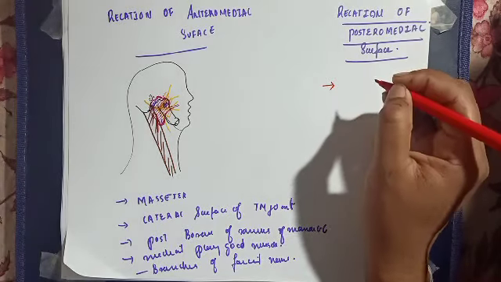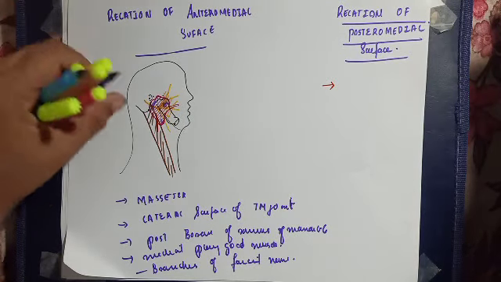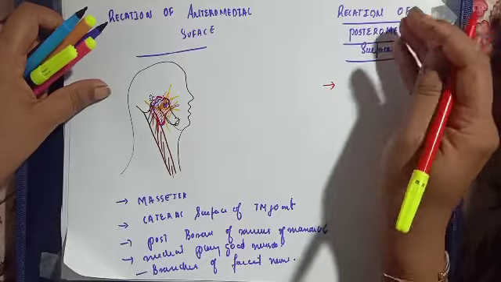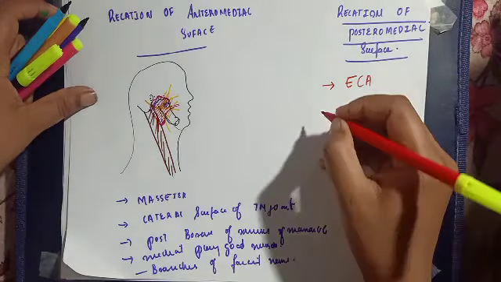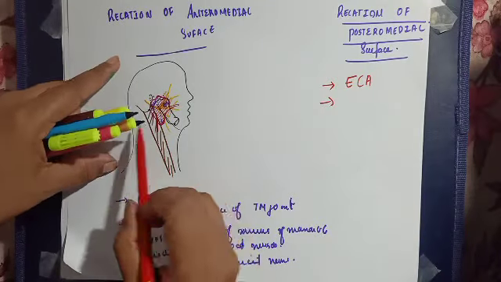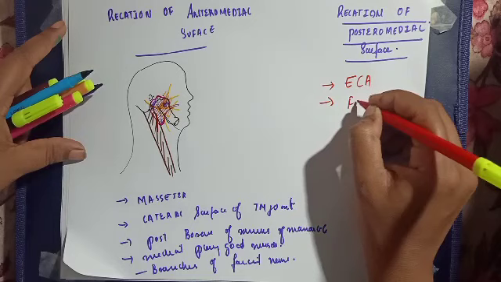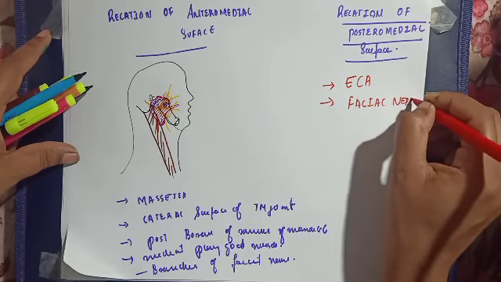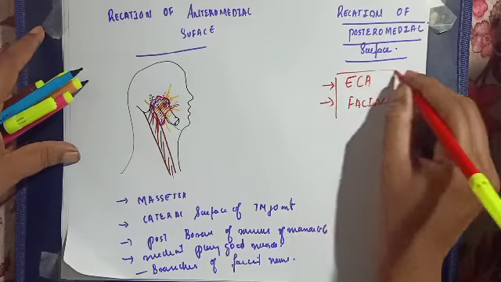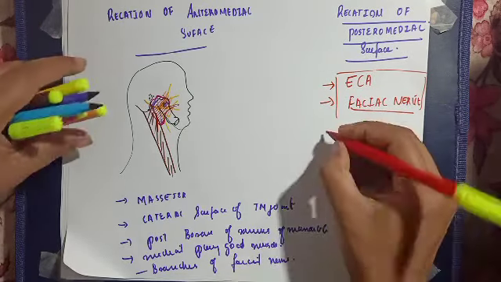So two important structures which are passing into the gland through the posteromedial surface are the external carotid artery and the facial nerve. So these are the two important relations.